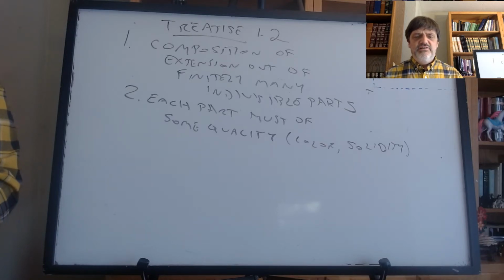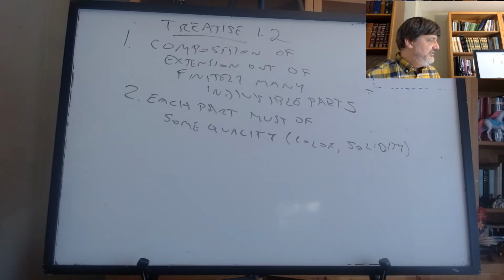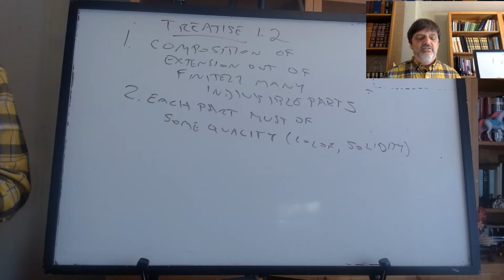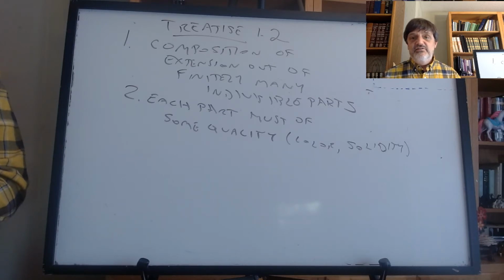Okay, but the consequence of that is, if it's really true that for A to be larger than B, in a strict sense, just means that A has more parts than B, and if some of our ideas are indivisible, right? So suppose I have an idea that can't be divided into smaller ideas. Then it follows that, strictly speaking, nothing could be smaller than that idea, because nothing has less than one part. Right?